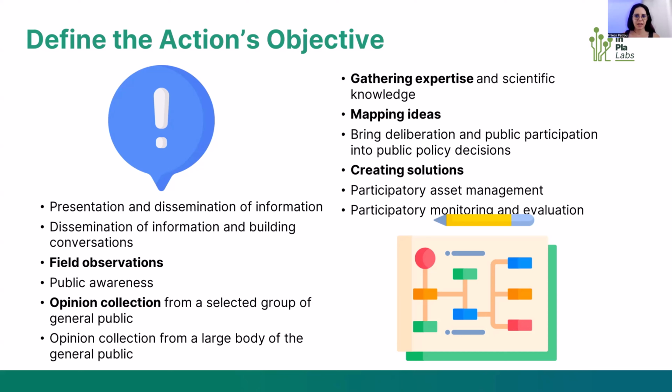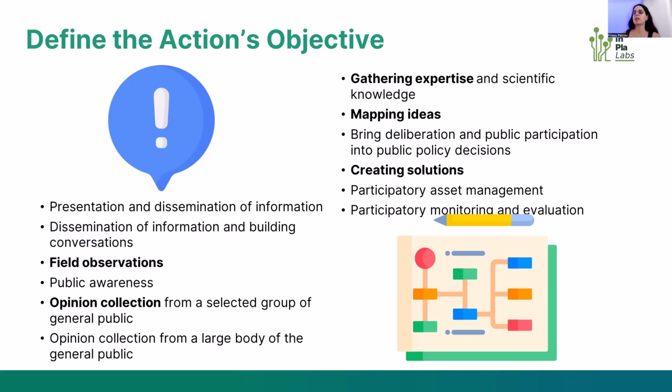If we have a case study, we can understand and choose if we want to collect an opinion about a decision, for example, from a selected group of people. Maybe our goal is to raise awareness on a specific issue, to do field observations.